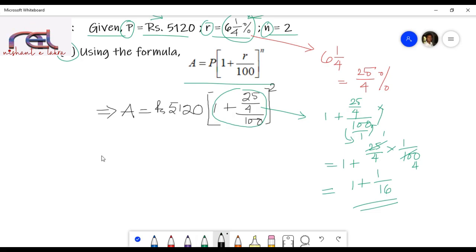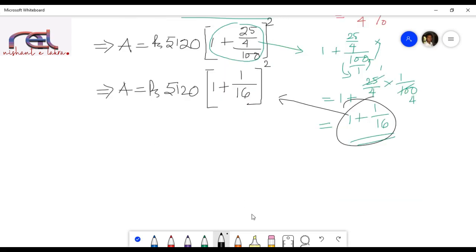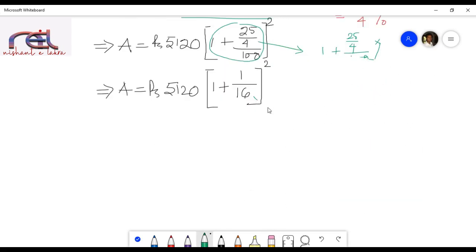So we'll just replace this value with the values present inside the bracket. And time is 2 years. I hope you have understood till here. Let us continue solving this problem. Now let me help you understand how to solve 1 plus 1/16.